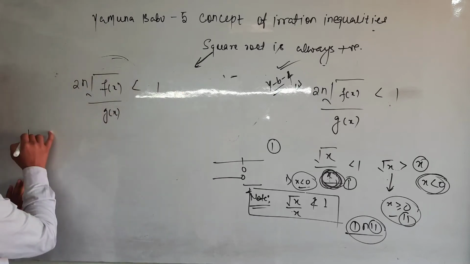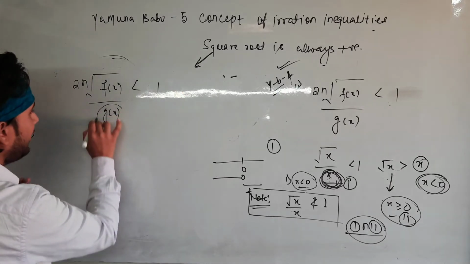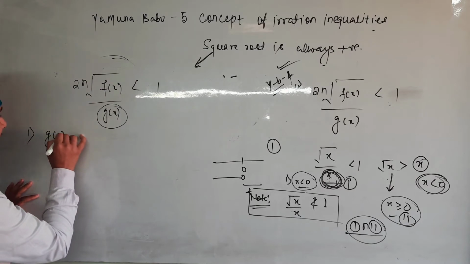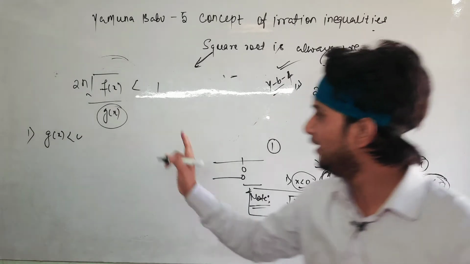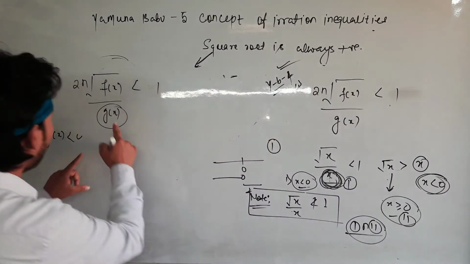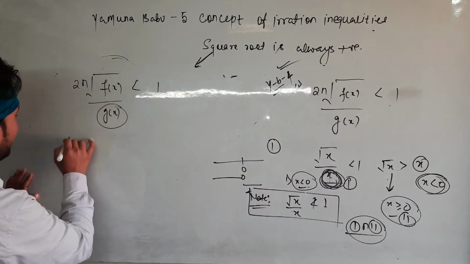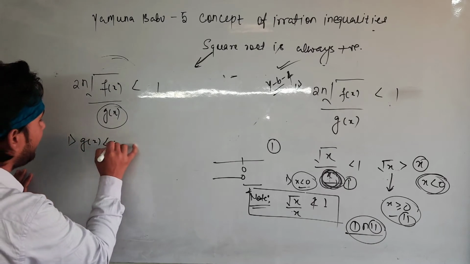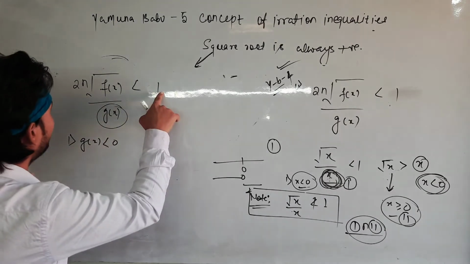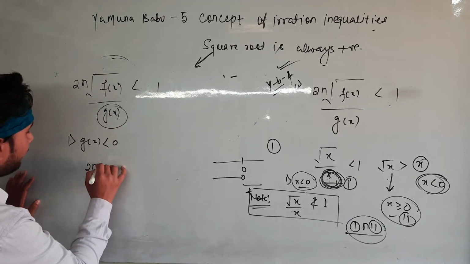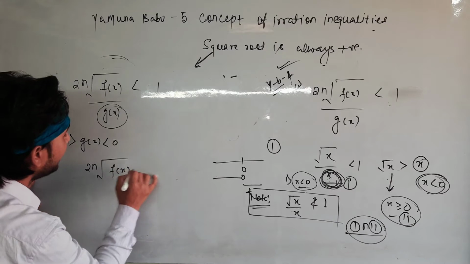In the first condition, when you take g(x) negative and multiply the expression by it, then 1 by the 2nth power of f(x) is greater than g(x).